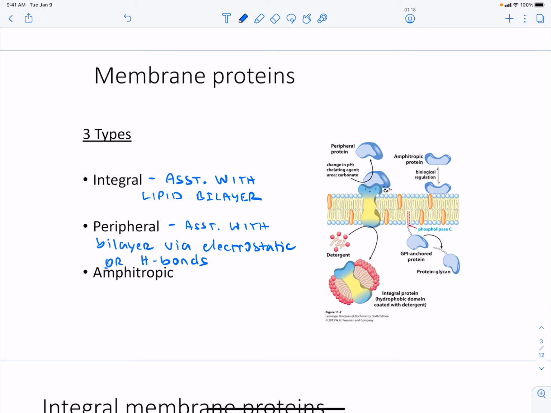Now, amphitropic is going to be in the cytosol and it's going to be associated with the membrane. This is a reversible association, which is usually going to be regulated through phosphorylation, for example.